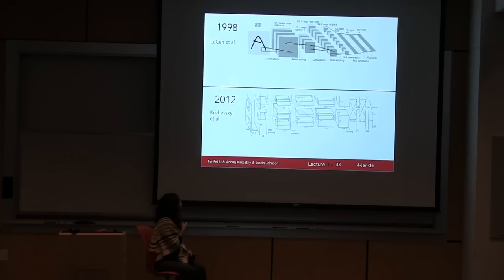In 2012, Alex Krizhevsky and Geoff Hinton used almost exactly the same architecture to participate in the ImageNet challenge. There were very few changes, but it became the winning architecture. Andrej will tell you more about the detailed changes. The capacity of the model did grow a little bit because Moore's law helped us.